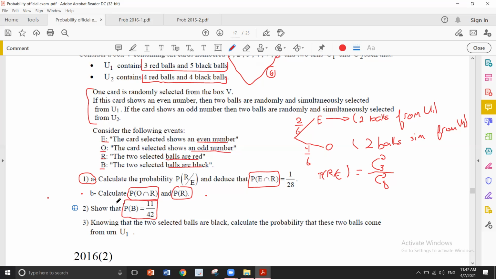Anybody tell me how to calculate the probability of black? They are black from which urn? From U1 or from U2? U2. Why U2?